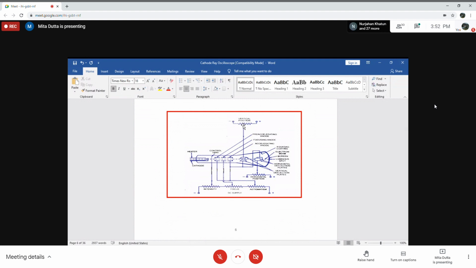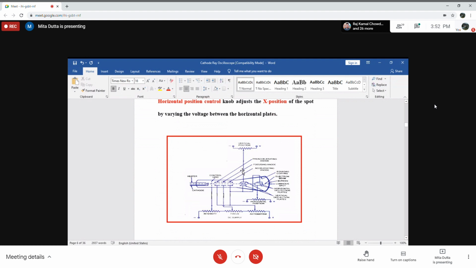You have seen these two knobs: the Y shift knob is marked as volt per division, and the X shift knob is marked as time per division. Have you seen? Yes, ma'am, I have seen.